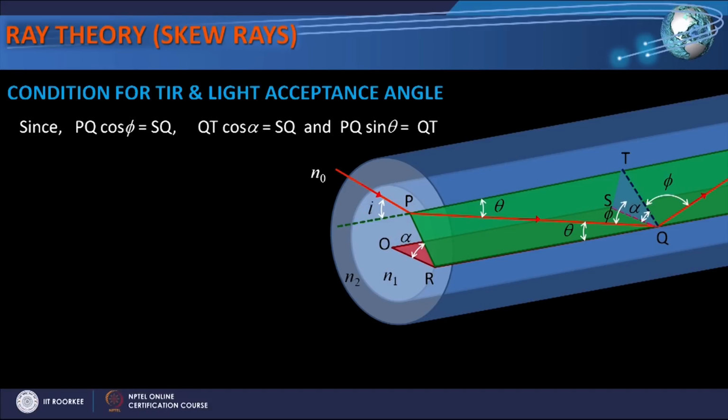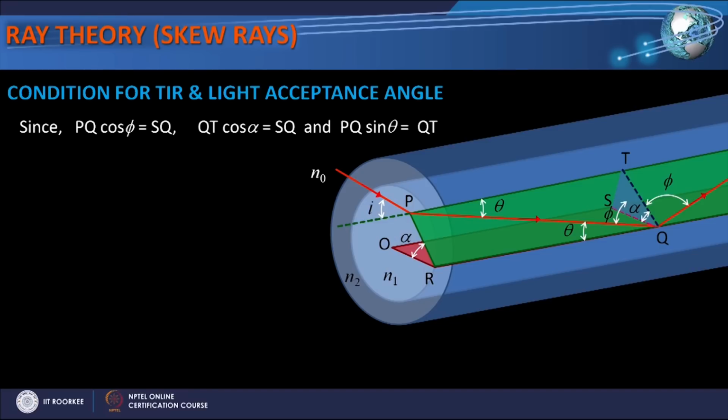Let me consider this plane which contains this incident light and reflected light, represented by green here, and QT is the normal at the core-cladding interface. Then let me also consider another plane which is a longitudinal plane, which contains this longitudinal line which passes through Q. So, basically this plane makes an angle alpha from this longitudinal plane.